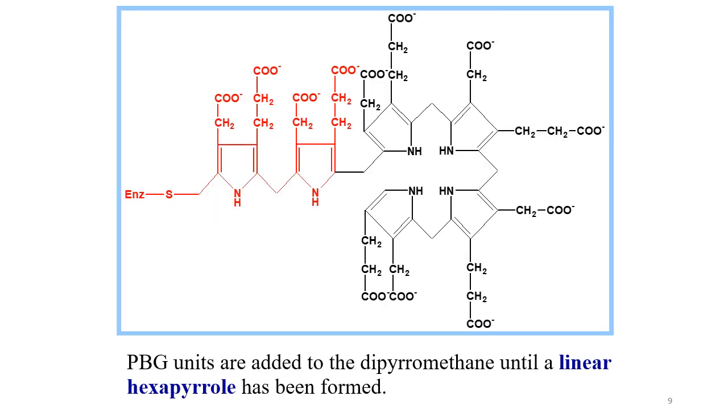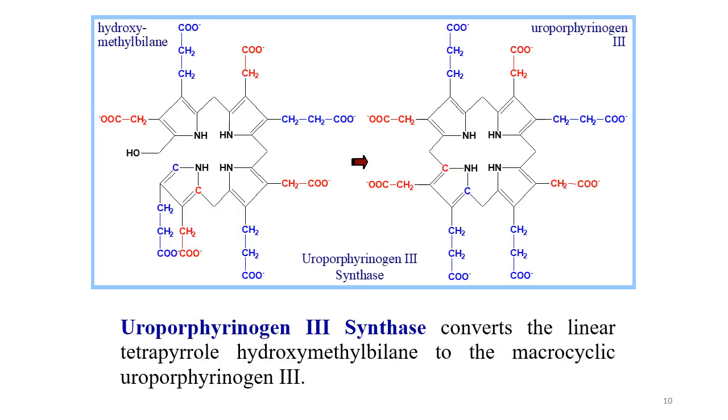So here you see the structure of hydroxymethylbilane, also shortened as HMB, and it undergoes a ring closure to form the pyrrole ring D structure, and this is called uroporphyrinogen 3.